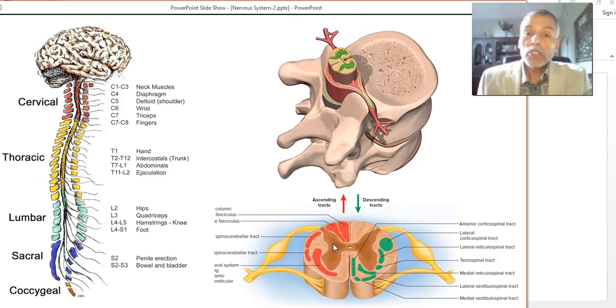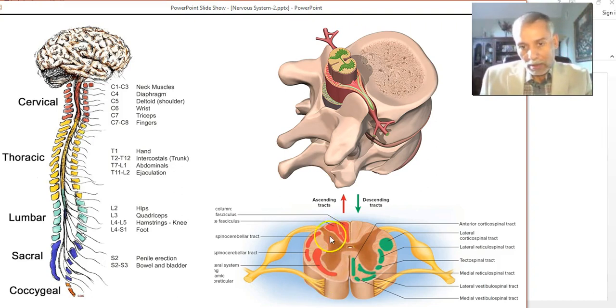For example, when you go to your doctor for an exam and the doctor takes a mallet and hits the tendon beneath your kneecap, what happens to your leg? Your knee jerks, your whole leg jerks forward. That is called the knee jerk reflex. When that happens, it is made possible immediately by the spinal cord through a particular arc.